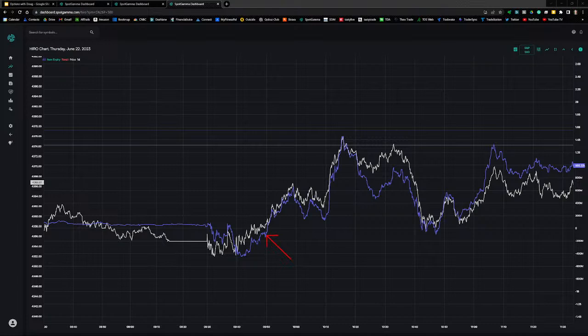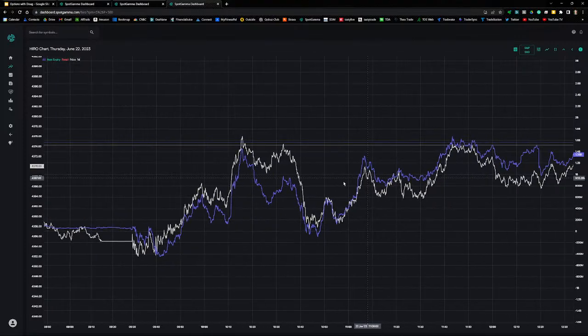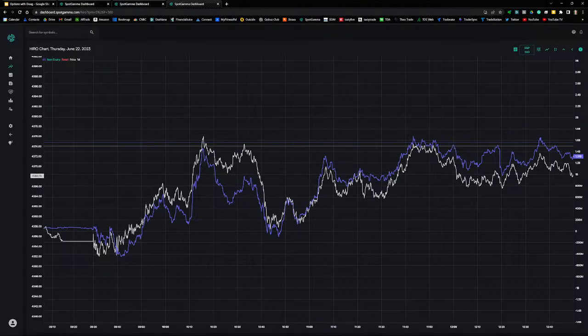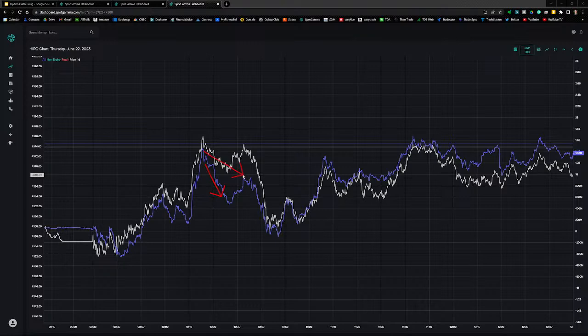So in the morning hero was confirming long and short setups. So here would be the short setup. Hero makes lower highs.